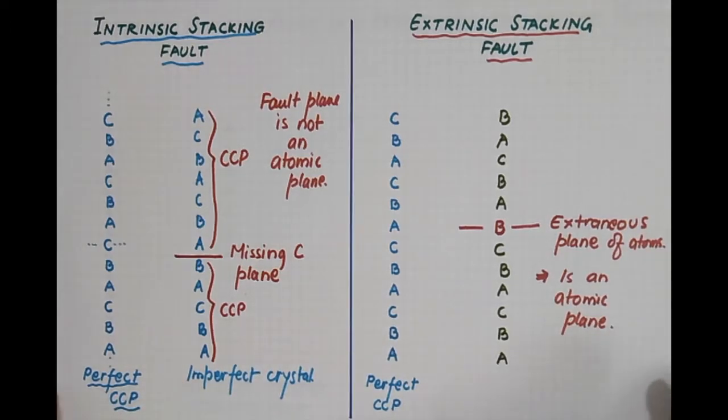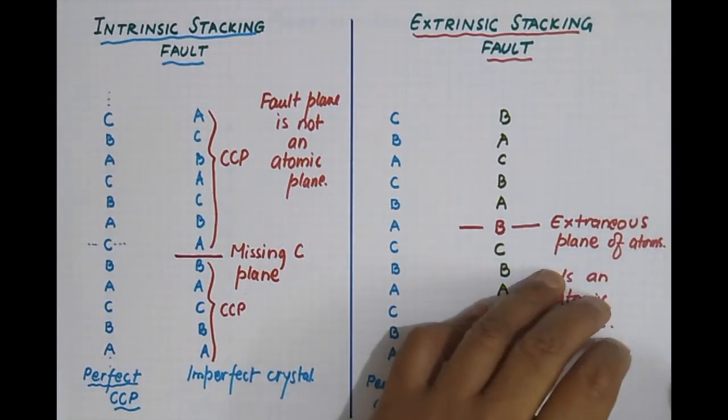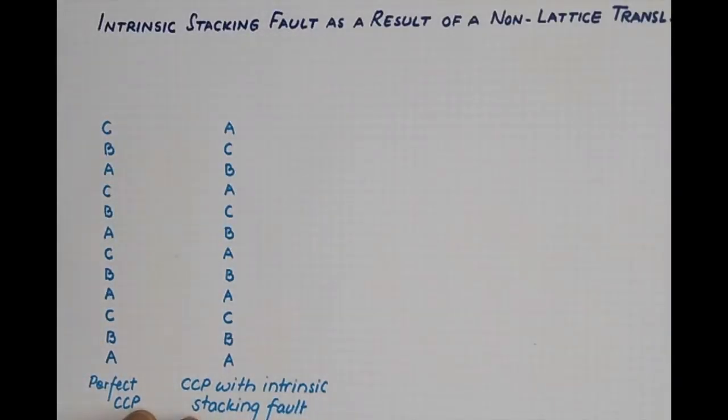We will look at one more interesting property of the intrinsic stacking fault, or rather another way of looking at it. Just now we saw for the intrinsic stacking fault, one of the planes was missing.